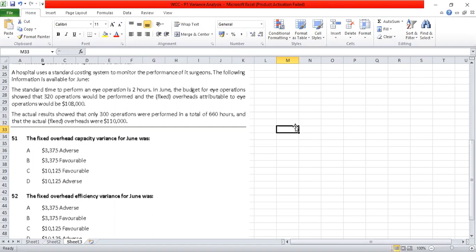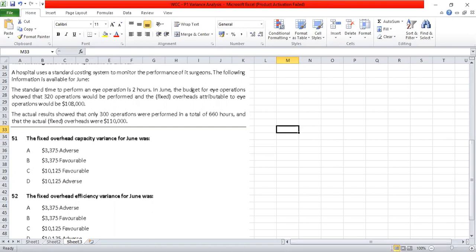So here the mention is about what is the fixed overhead capacity variance for June. The 52nd question asks for the fixed overhead efficiency variance. So first we need to understand what capacity variance is.